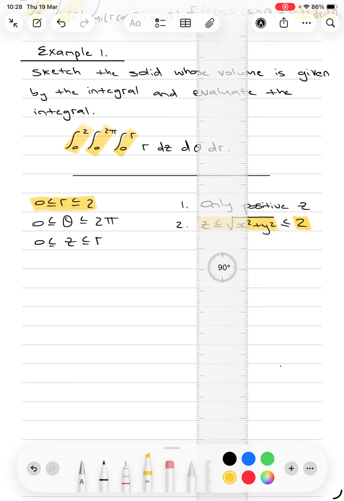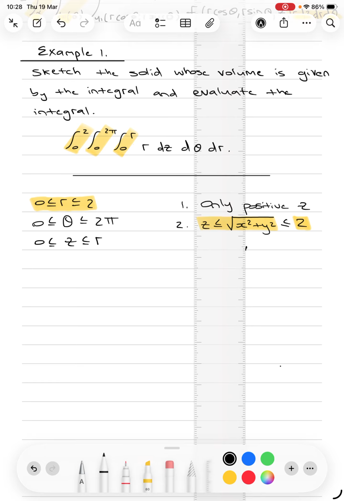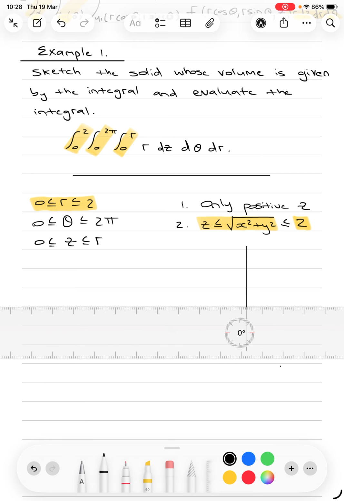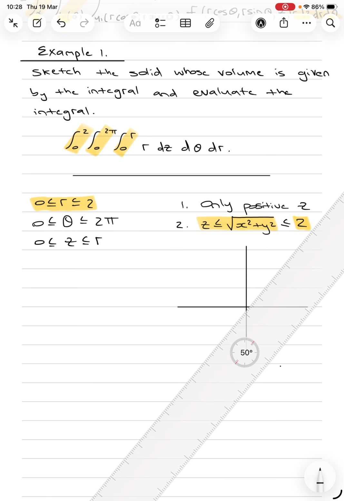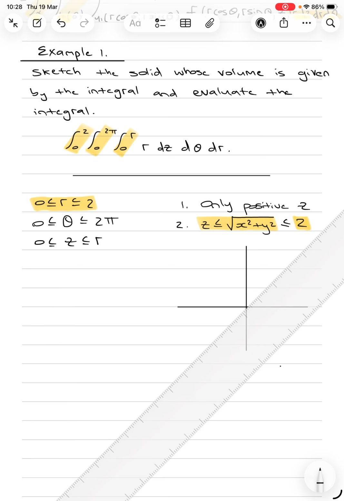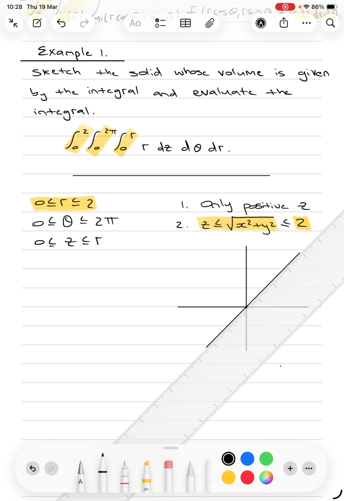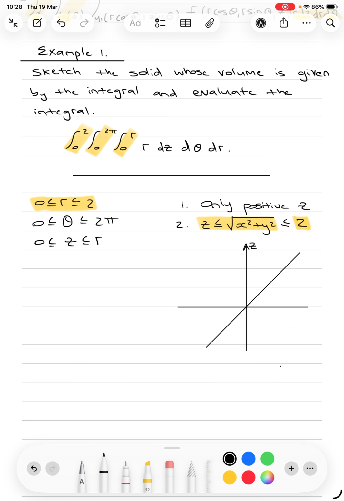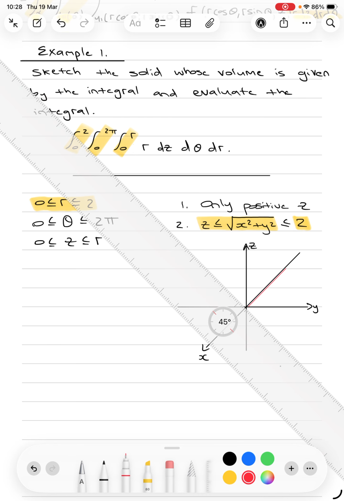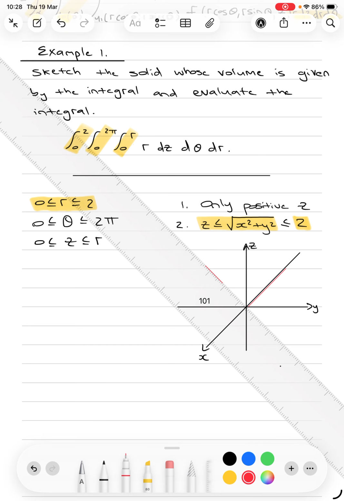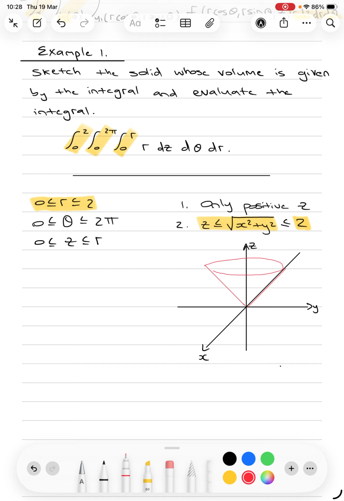Right, so what am I sketching? So you have a cone opening upwards. It should stop at 2.